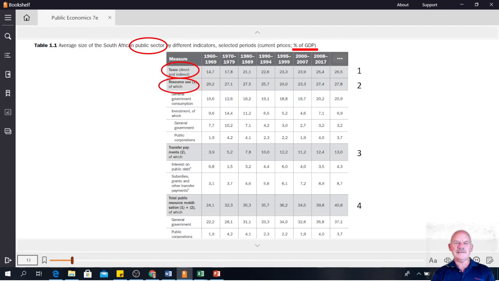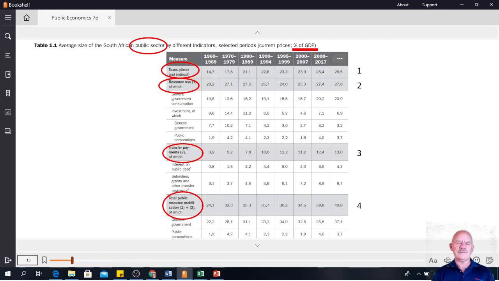The second is resource use, which is the sum of government consumption and investment, and if you add transfers to that, then you will get total public resource mobilization.